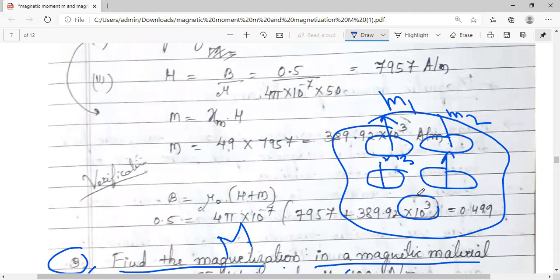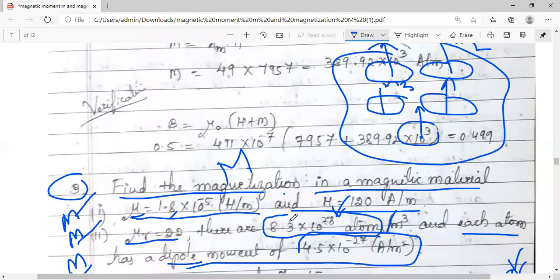Here I have assumed 5 atoms, but how many atoms are there actually? 8.3 into 10 raised to 28. That is, if I assume there are n number of atoms in general, n can be 5 in this figure; in the given question, it is 8.3 into 10 raised to 28.